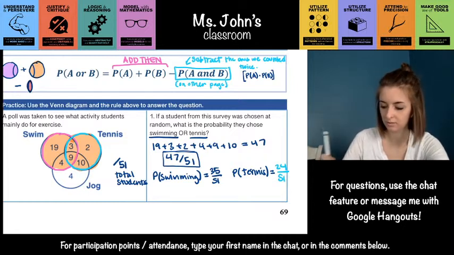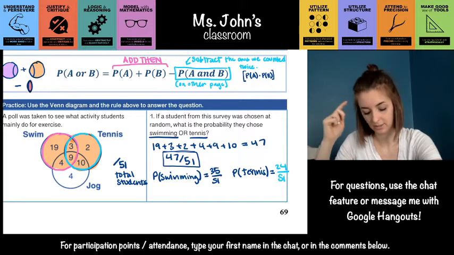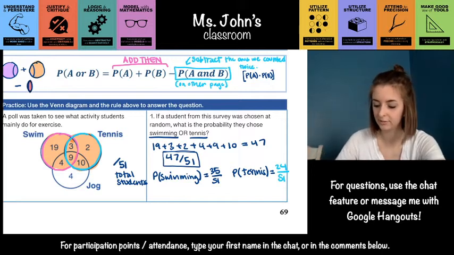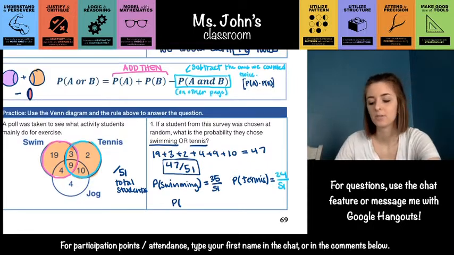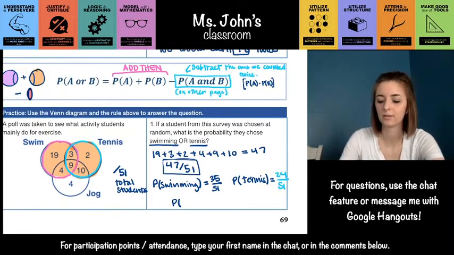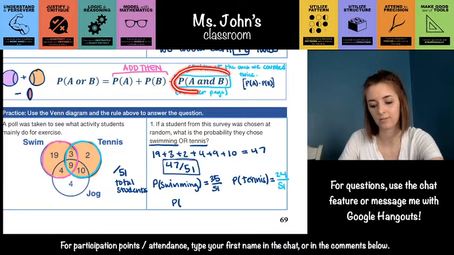I randomly changed colors, sorry. And then here's where it gets interesting. I'm just finding all of my components first. So notice I'm doing the probability of the first event happening, the probability of the second event happening, and then I'm going to try to figure out what the probability of both happening is, which is not hard on a Venn diagram.